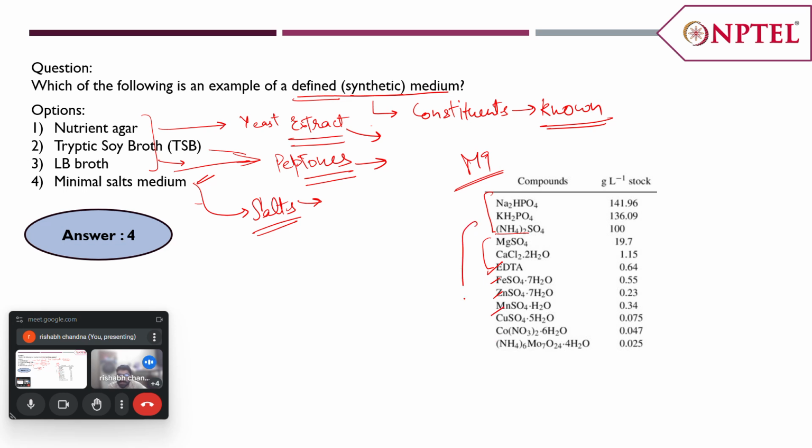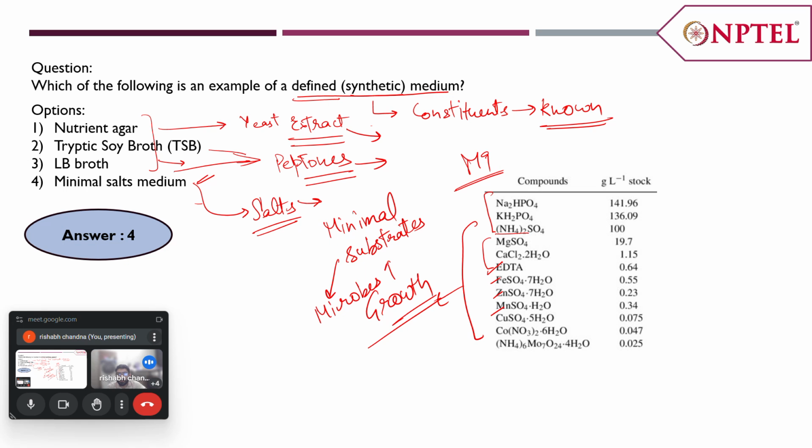These salts help the microorganism to grow. These are required for their growth. And the technical meaning of the minimal salts medium is that you are providing minimal substrates for the microorganisms to grow. That is why it is called a minimal salts medium.